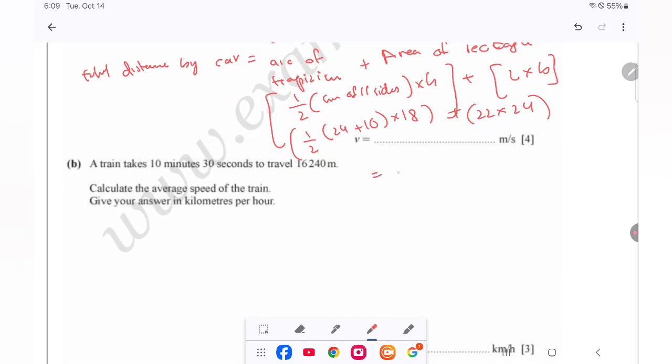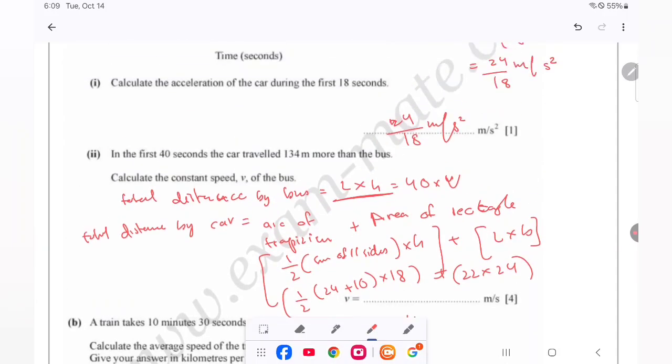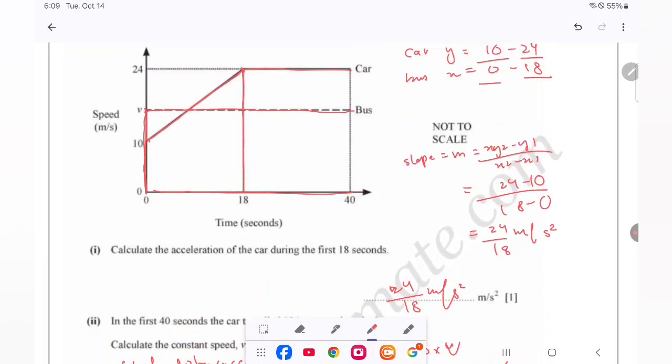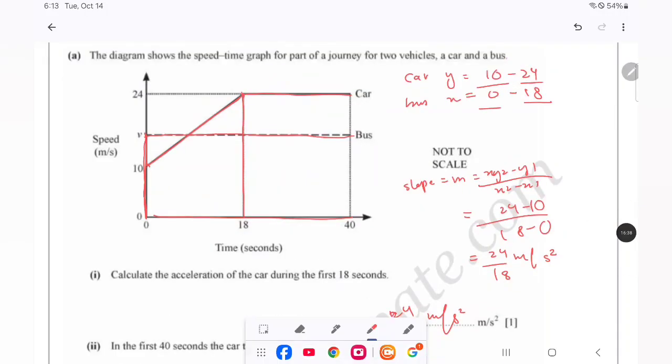It will give you 834. So this is our rectangle, 40 minus 18, 22, and this is our 24, and this is our trapezium.